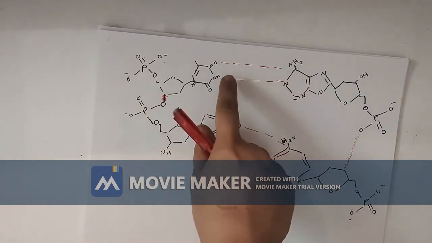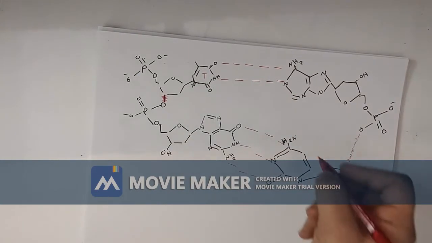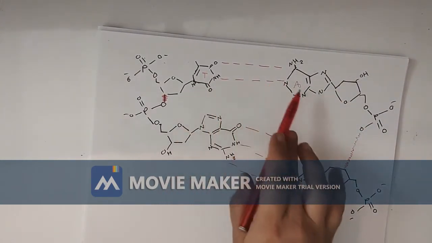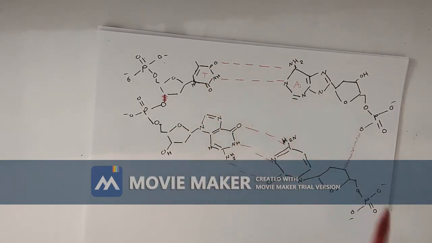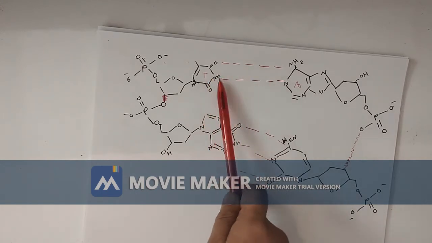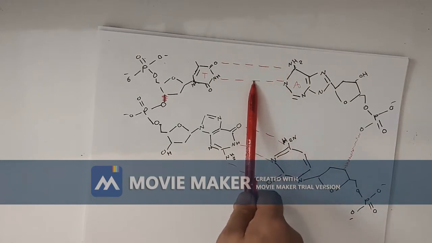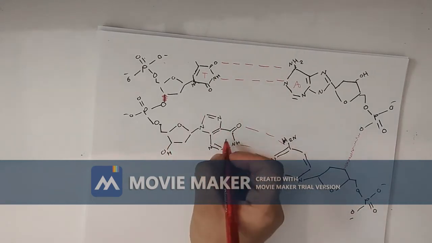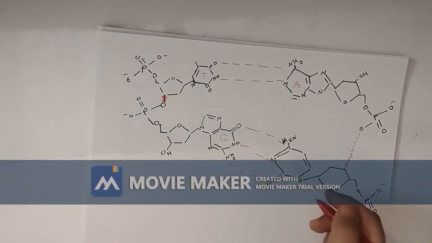Look at this. This is the thymine molecule, and this one is the adenine base. I said T always goes with A, so this is a correct combination. And the hydrogen bond between thymine and adenine is only 2. But here we have guanine, and here again cytosine.